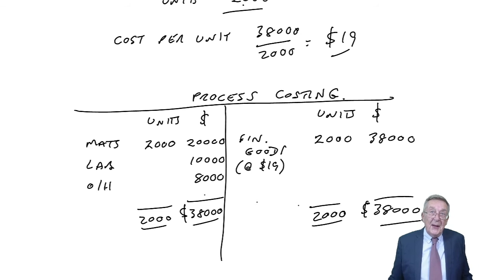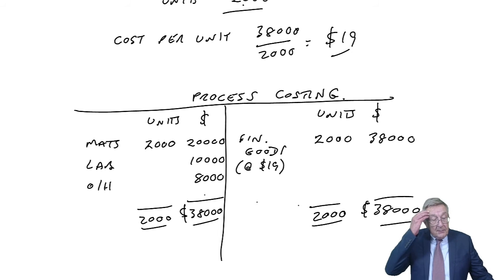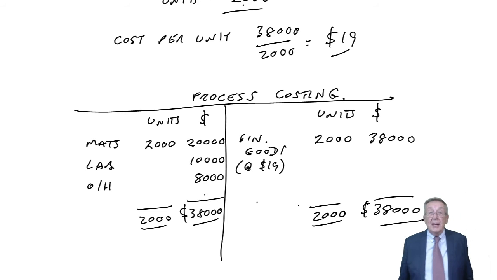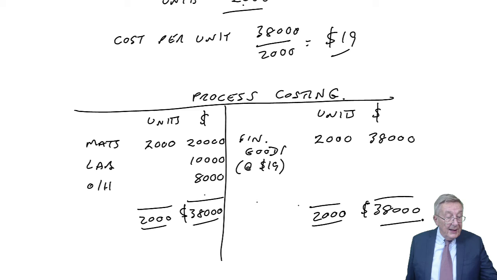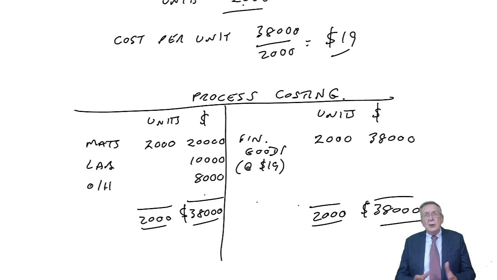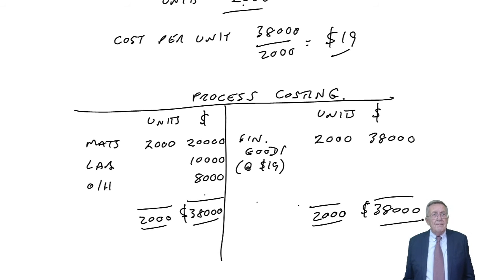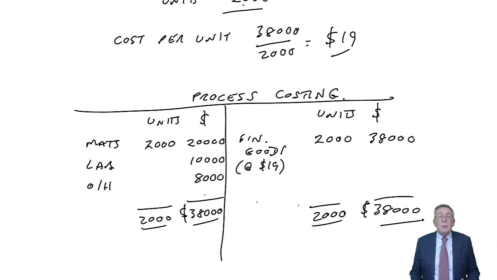Now that all may seem a little bit too simple, and it is. There's no difficulty there. However, as I did mention earlier, and on the last page of this chapter, there are potential problem areas. One is losses. It could be that what we were making here was perhaps a beer. And perhaps when we make beer, we need to boil the liquid.